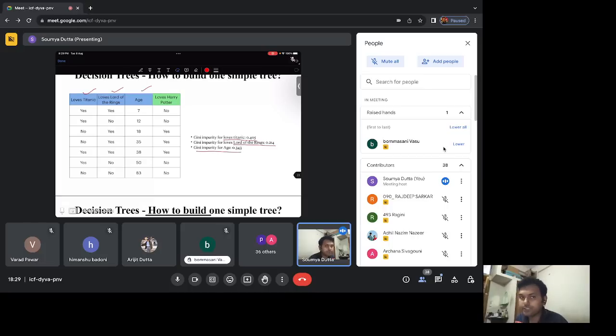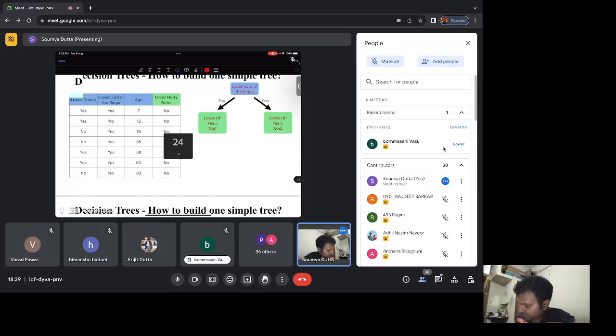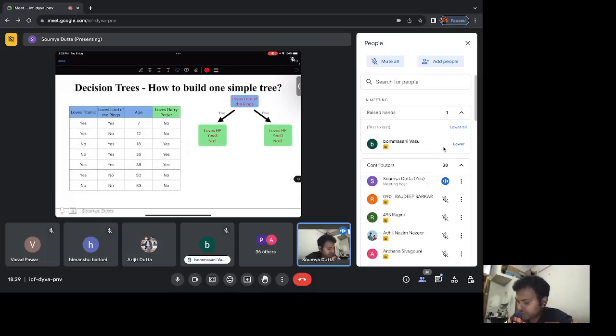Therefore you should always try to get trees which become very pure from the beginning itself. That means your tree will be shorter. So based on the Gini impurity index, you should always choose 0.214, or Loves Lord of the Rings, as your split point. That is what is shown here. So you have now split on Loves Lord of the Rings.